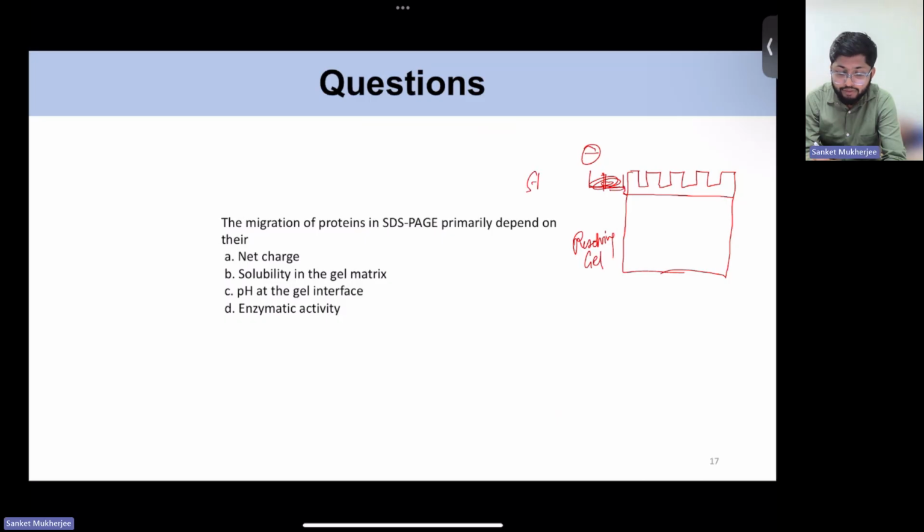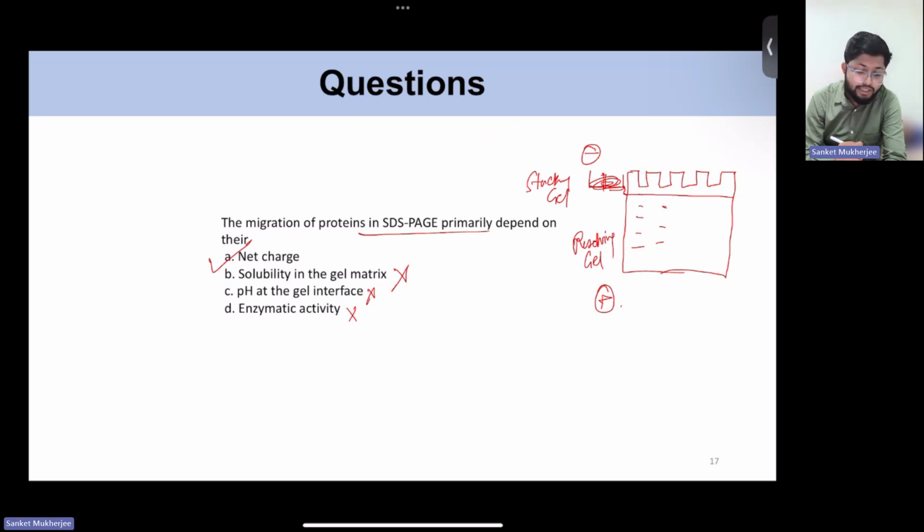This is called a stacking gel. And here we have the positive charge. And your protein will flow like this. So the migration of protein does not depend upon the solubility. It does not depend upon the pH or the enzymatic activity, no. But it depends solely on the net charge, because it's SDS-PAGE. And due to SDS there is denaturation of the protein.